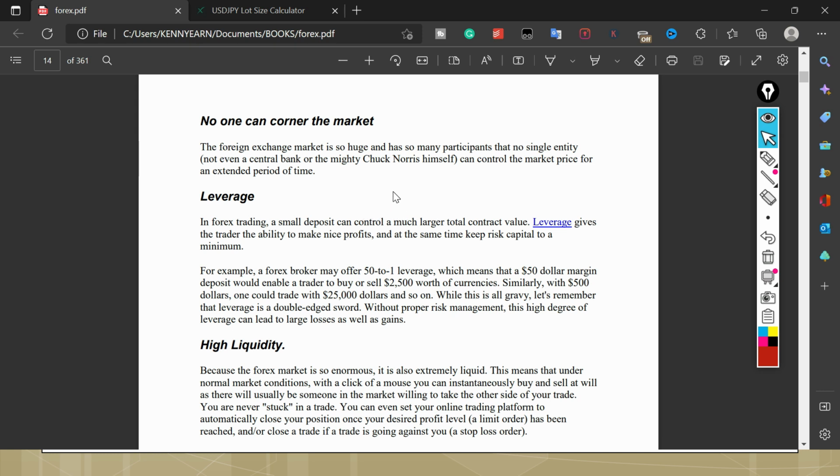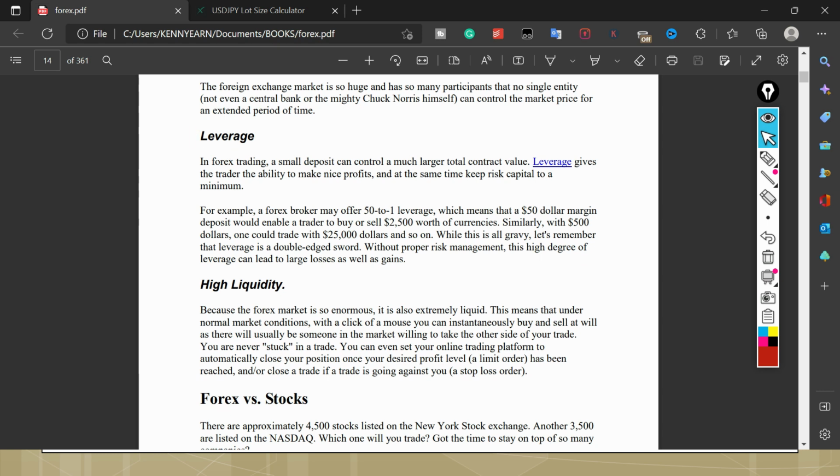So let's talk about leverage. What is leverage? This one is important. In forex trading, a small deposit can control a much larger total contract value. What will help us here is leverage. Leverage gives the trader the ability to make nice profits, at the same time keeping risk capital to a minimum.